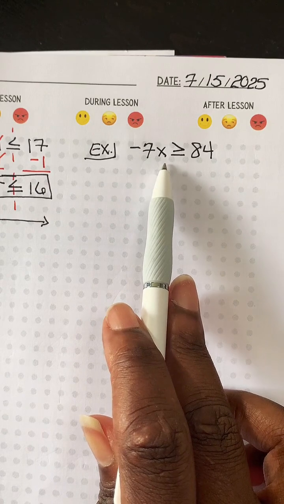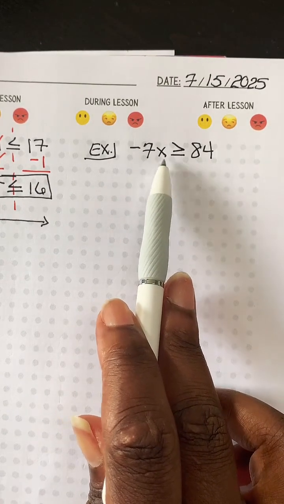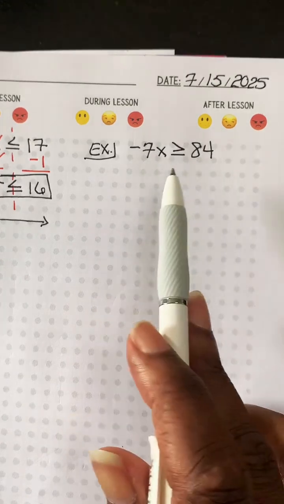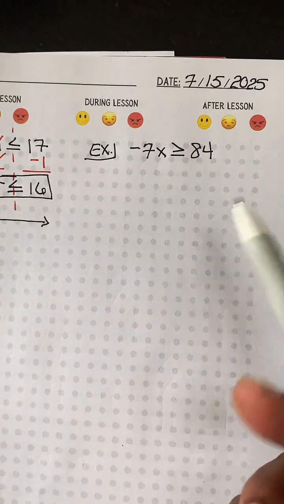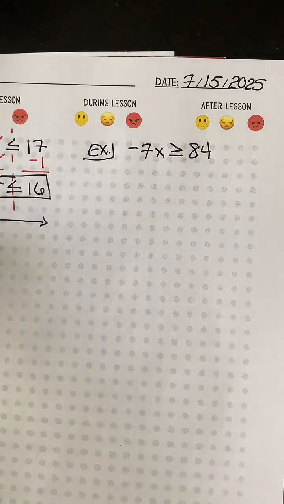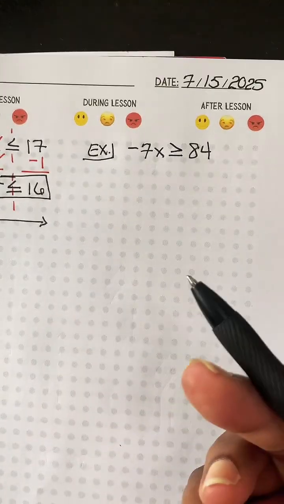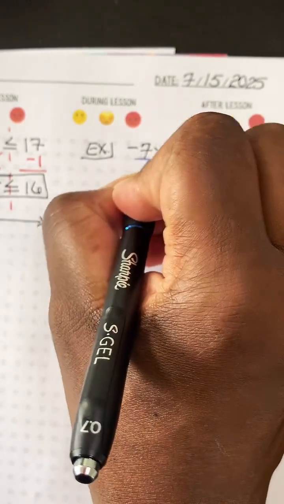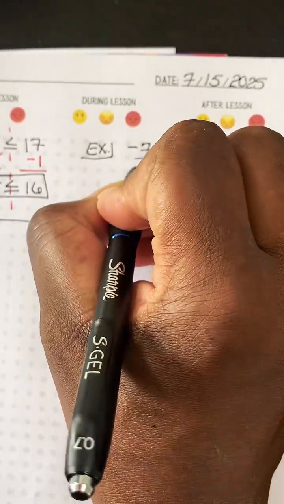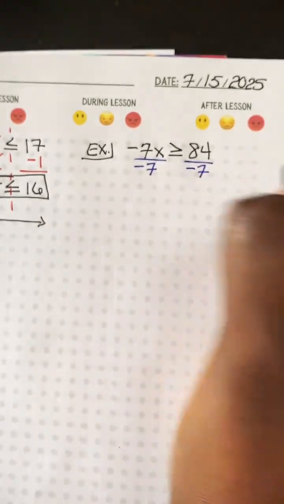We only need to see one x. The days of using x as multiplication should be shunned. That's what's screwing a lot of people up when they get into advanced math. So if we're doing multiplication, we need to do the inverse. And the inverse is division. So we're going to divide both sides by negative 7.